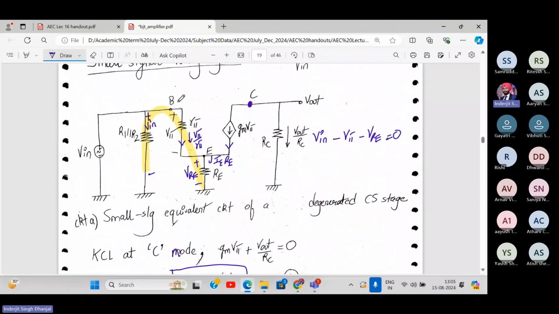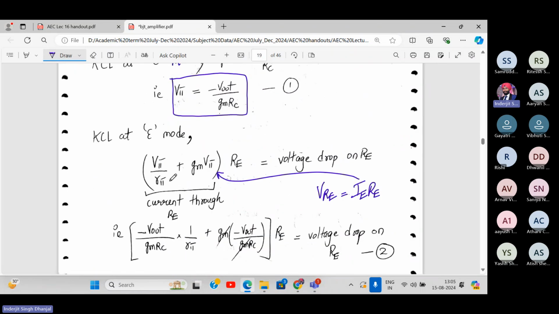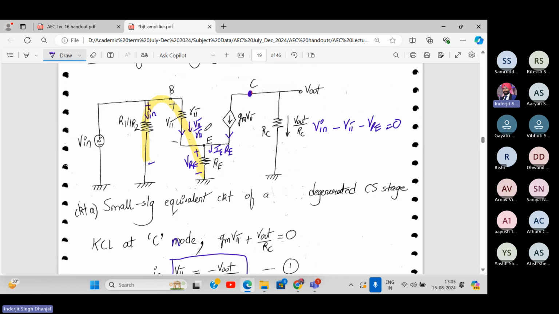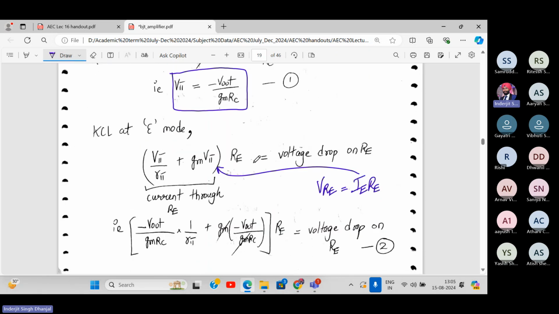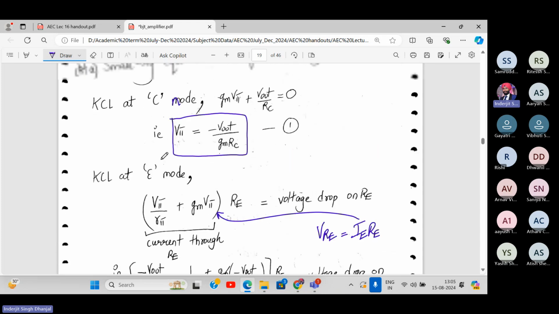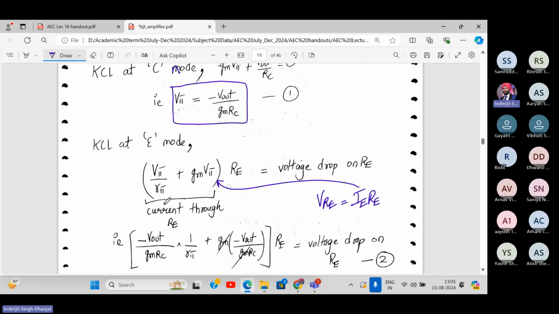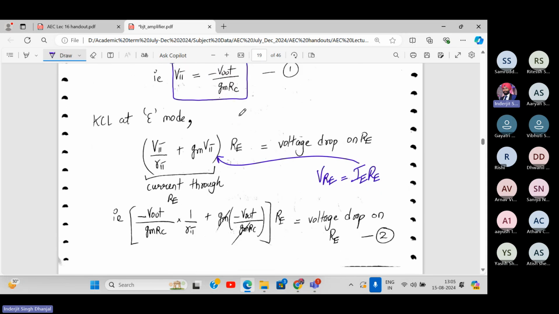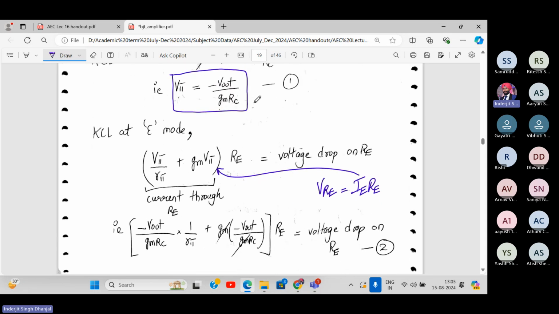It is two currents: one is V pi upon r pi, and another is gm into V pi. These are the currents through resistor RE, multiplied by the resistor RE. That will become the voltage drop on RE. So it is V pi upon r pi plus gm into V pi. Now you substitute V pi from equation number 1.